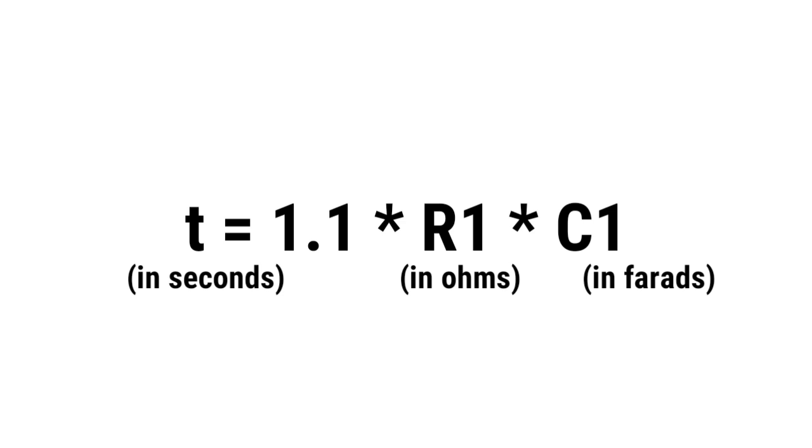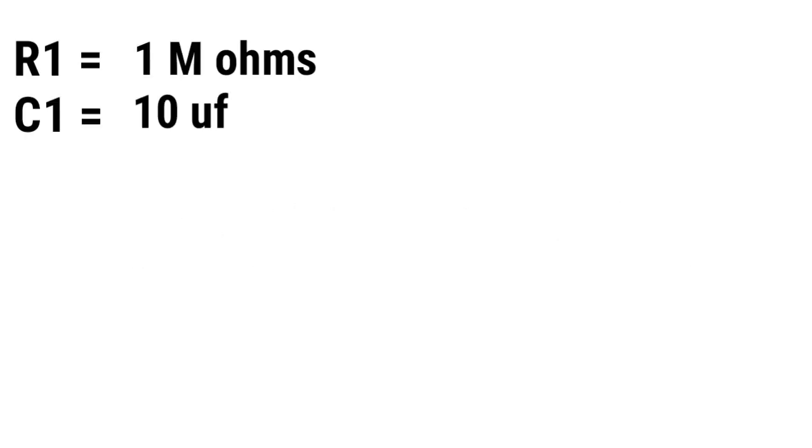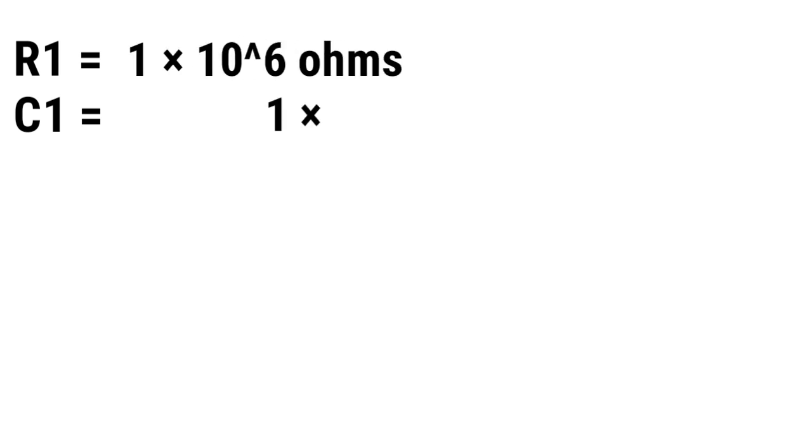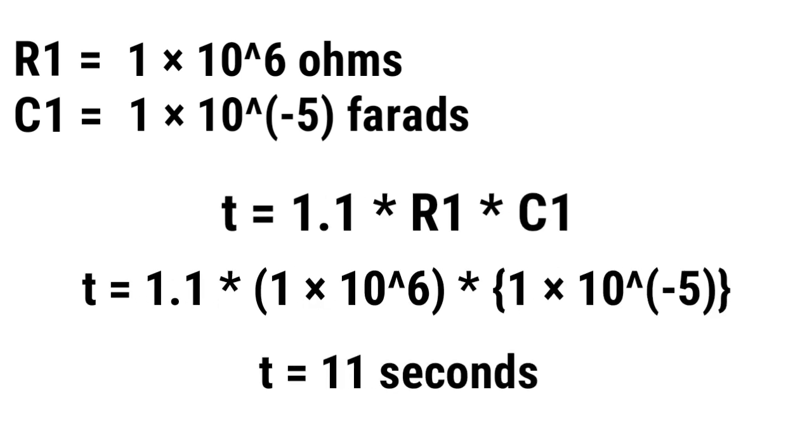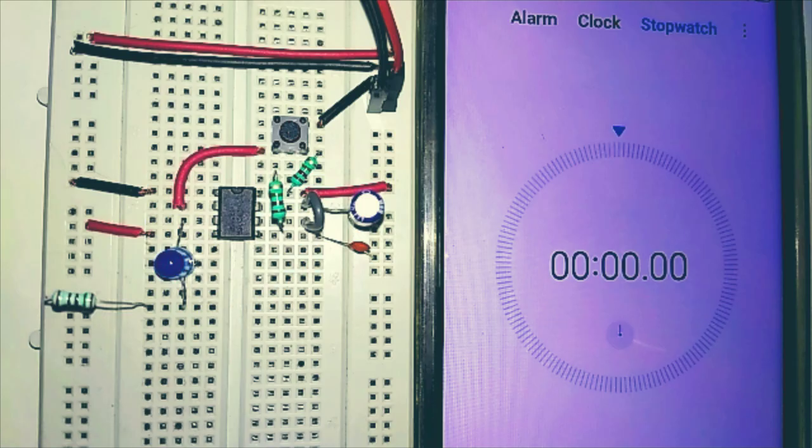So let's calculate time width of our circuit. In our circuit we used resistor R1 as 1 megaohm, and capacitor C1 as 10 microfarad. First we need to convert these values to standard units. After calculating we get time as 11 seconds. Okay, now enough theory, let's test our circuit.